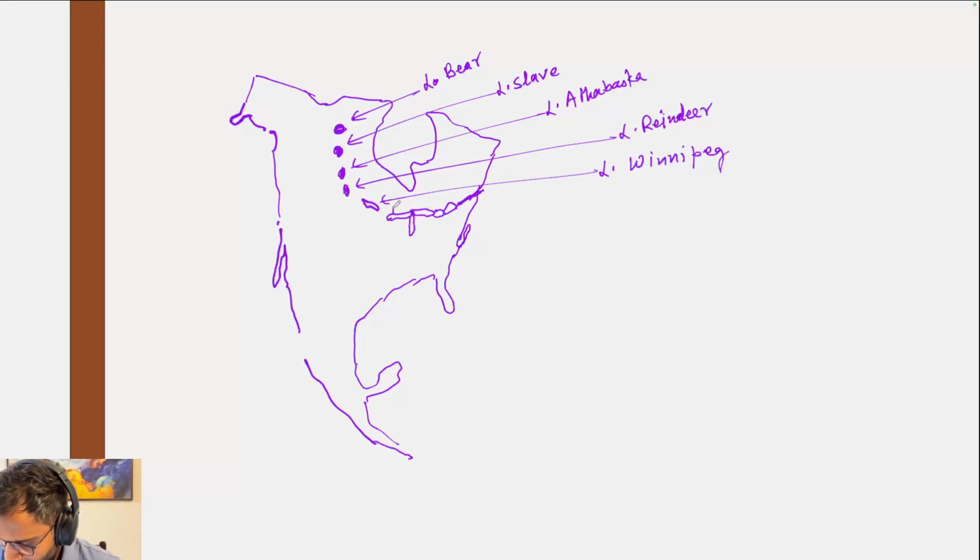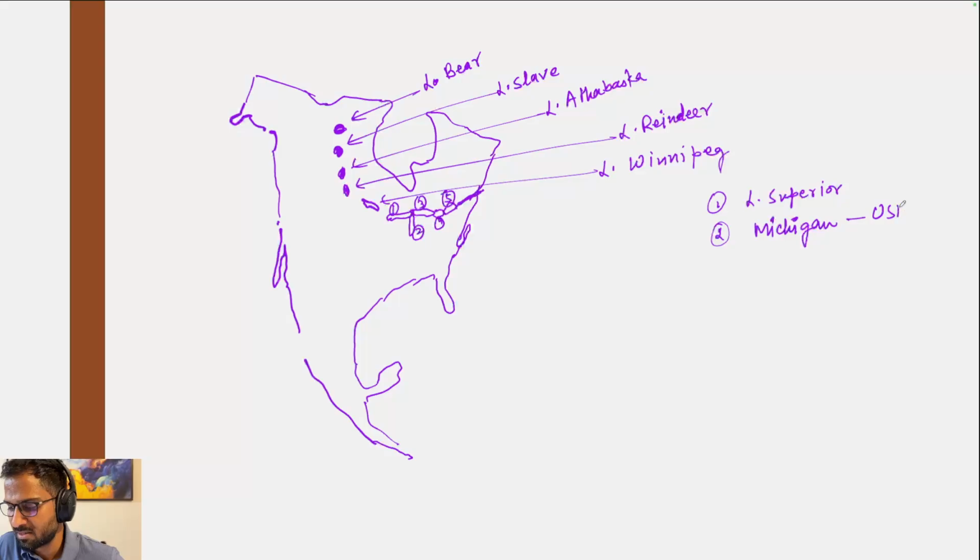So let me give the numbers 1, 2, 3, 4, and 5. So 1 is Lake Superior, then Michigan. Lake Michigan lies completely in the US. Other lakes lie in the US and Canada both.